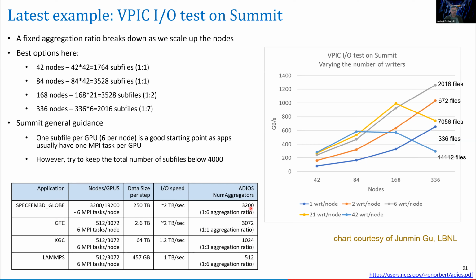If you go over these on Summit, then the file system starts to suffer from just creation of too many files and handling too many files, and the performance will drop. If you go below these, then you are not utilizing the entire file bandwidth on a given number of processes. So aggregation is our one big knob to tune the I/O, and this has to be selected carefully.